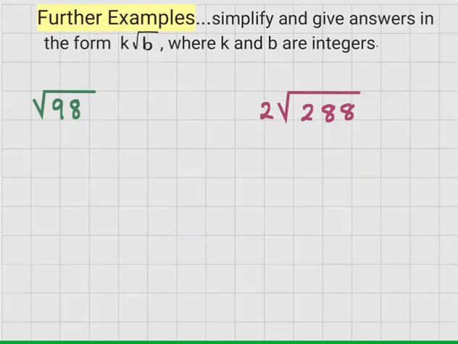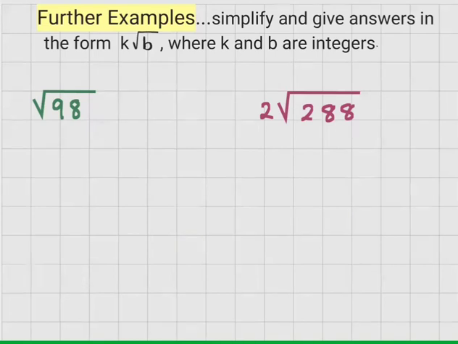So make sure that when you're reading the question, you give good attention to the conditions of our constants. Our constants in this case are K and B, and the question says they must be integers. Remember, integers are positive or negative whole numbers.